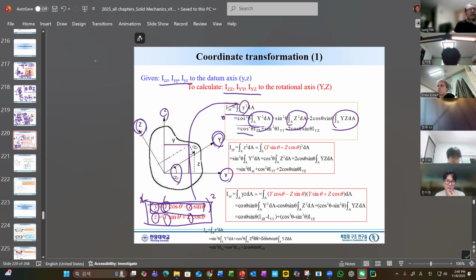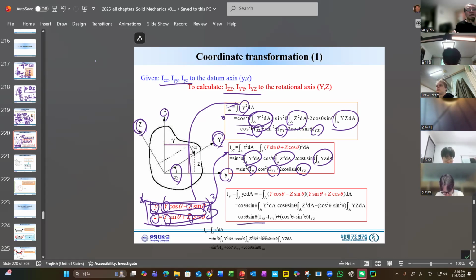So this one is by definition I, and similarly we can also define the moment of inertia here. We now use these equations, put them here and integrate. This is also this term, this term and this term. And for I_yz, same, we multiply these two transformations and it simplifies like that.